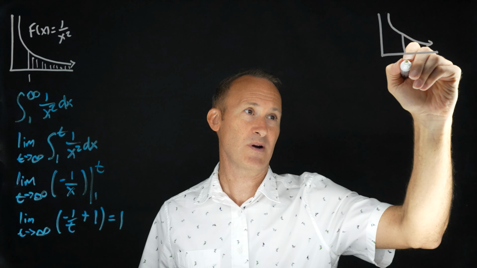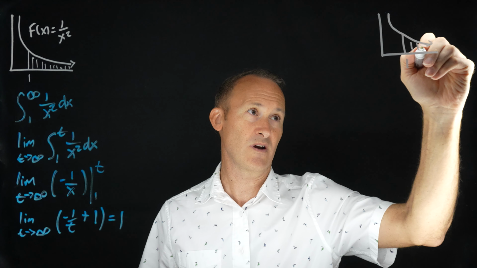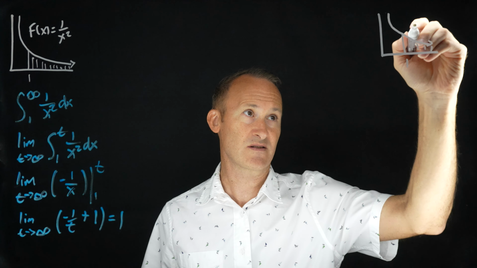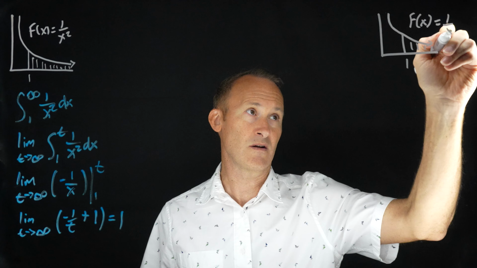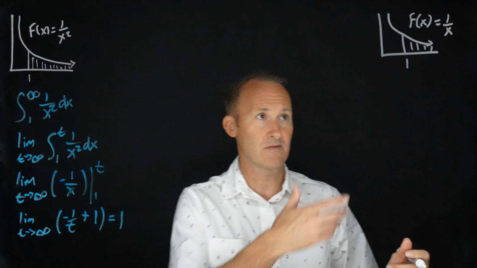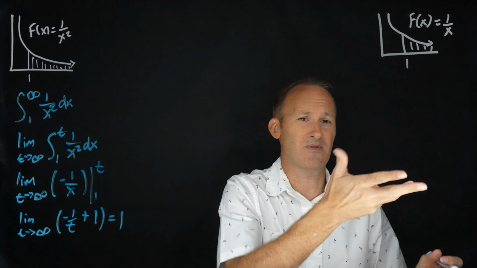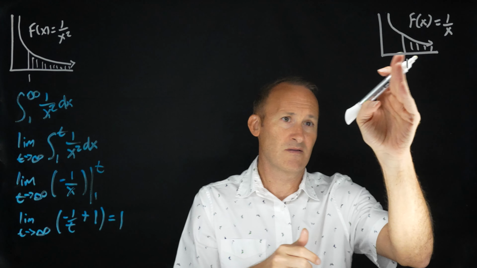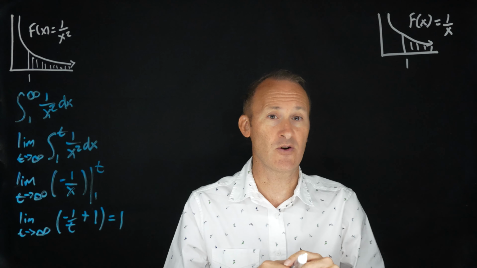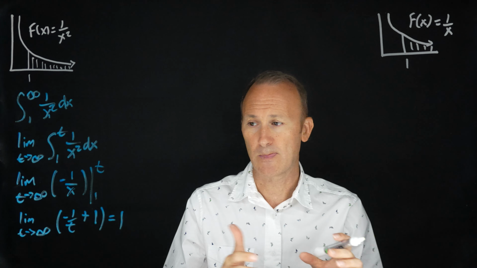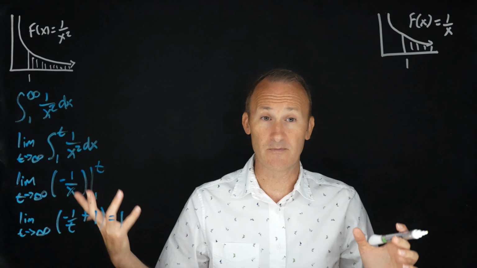So we want the same idea, from 1, and we want to know, as t, as the curve goes to infinity, we have an infinite area under the curve. Do we also get something finite here?